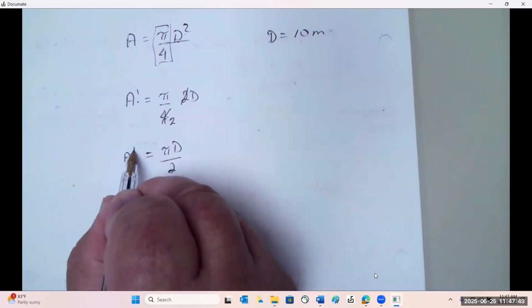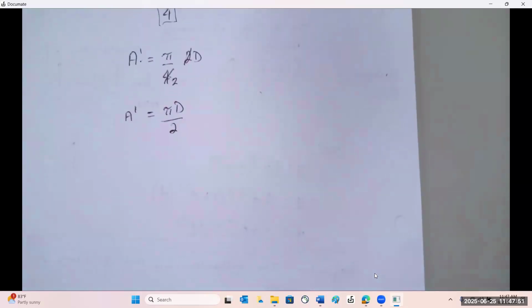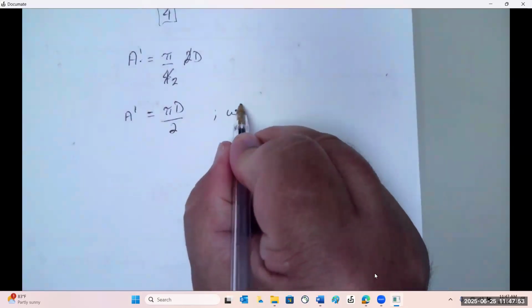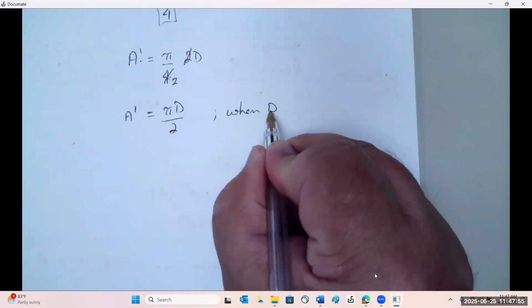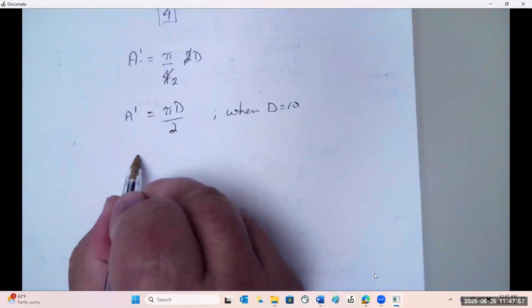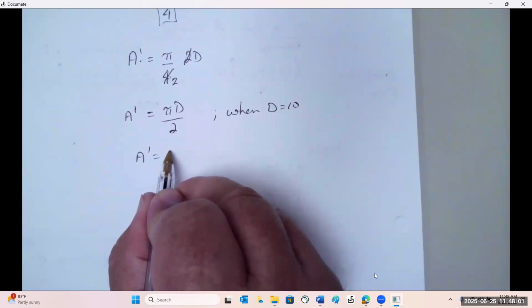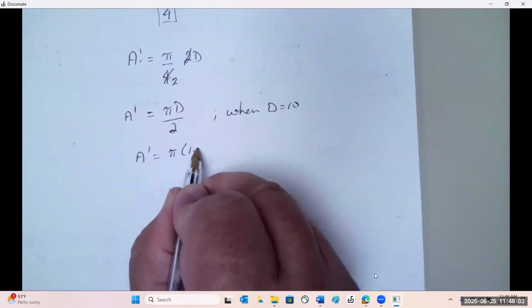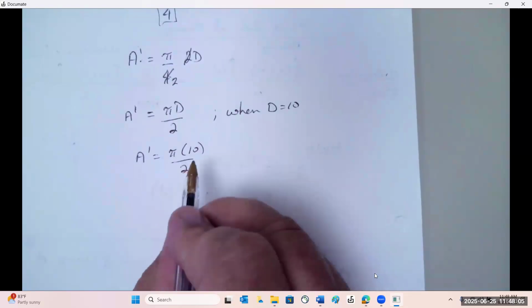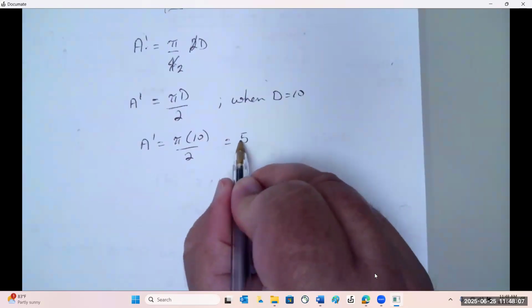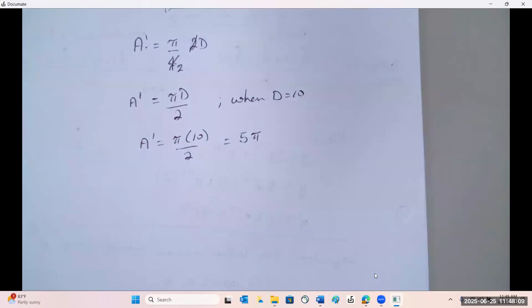That's the instantaneous rate of change. When d equals 10, the instantaneous rate of change is pi times 10 over 2, which equals 5 pi.